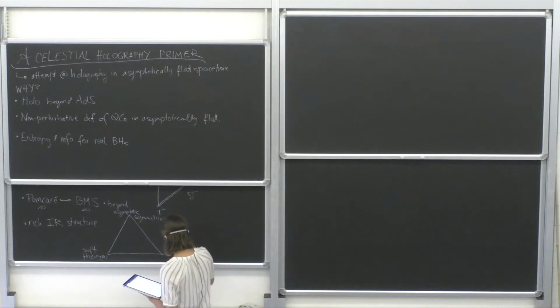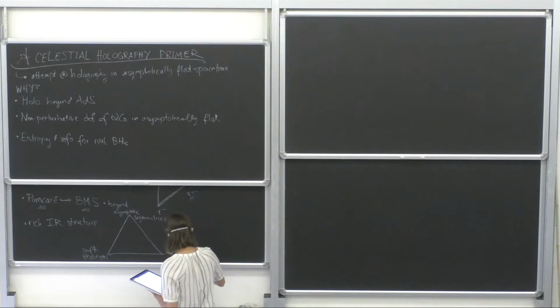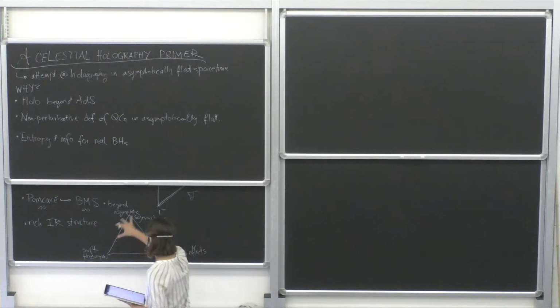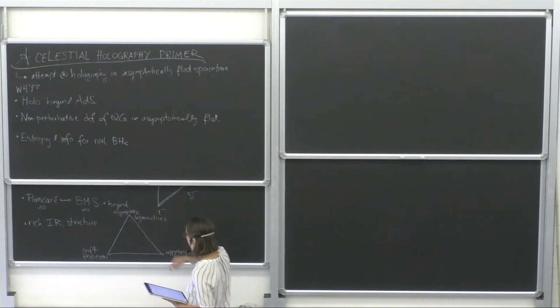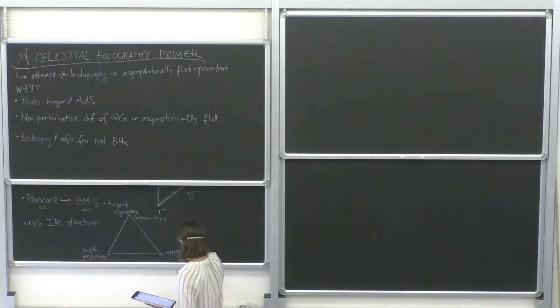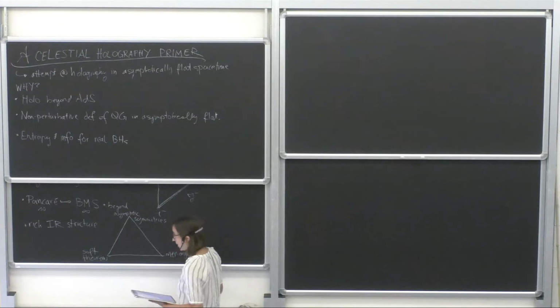And then there's another aspect of infrared physics which goes under the name of memory effects. And these three, a priori distinct sounding topics, have actually been shown to be intimately related. And this is a special feature of asymptotically flat space.